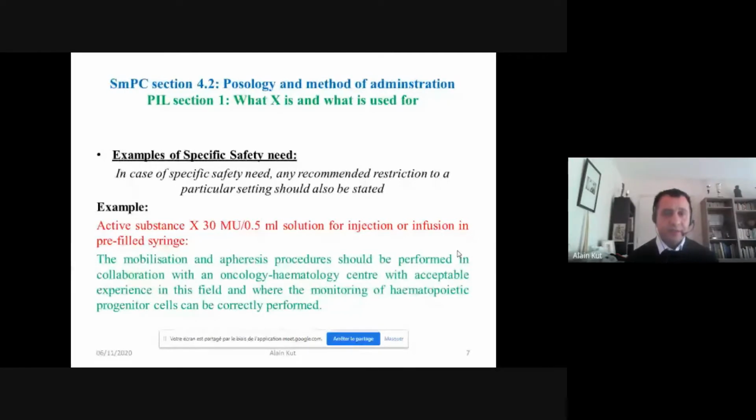Apheresis procedure, the separation of blood plasma from cells, should be performed in collaboration with an oncology hematology center with acceptable experience in this field, and where the monitoring of hematopoietic progenitor cells can be correctly performed. Then we have restriction on how and where and who is intended to administer the medicine.